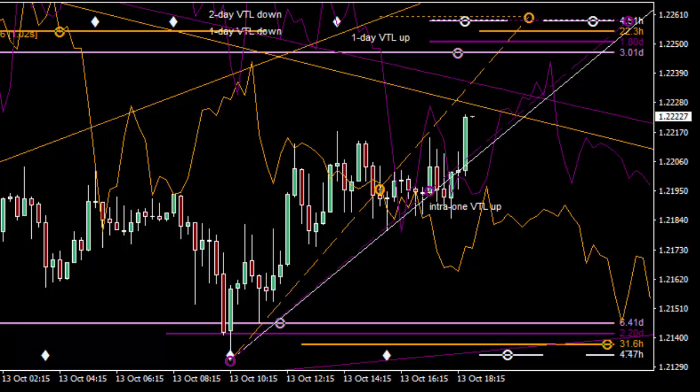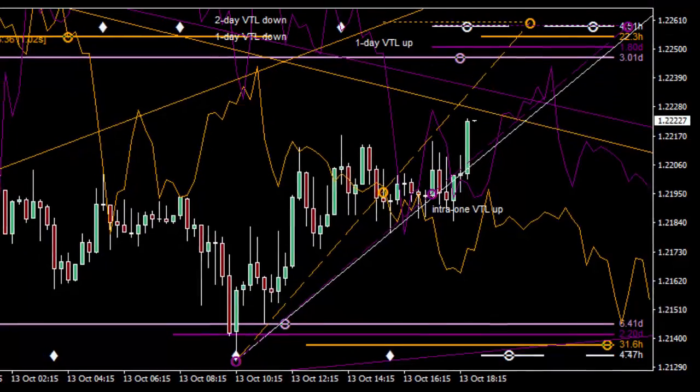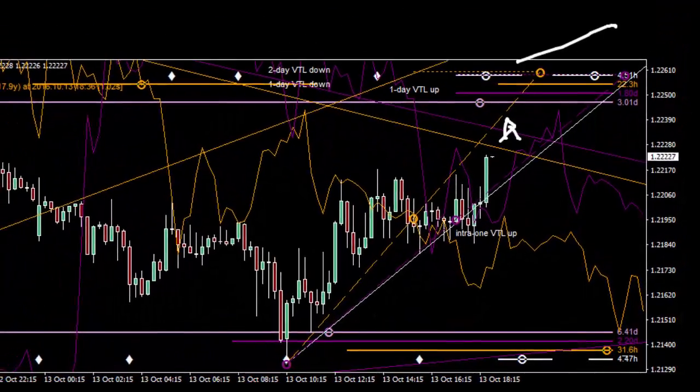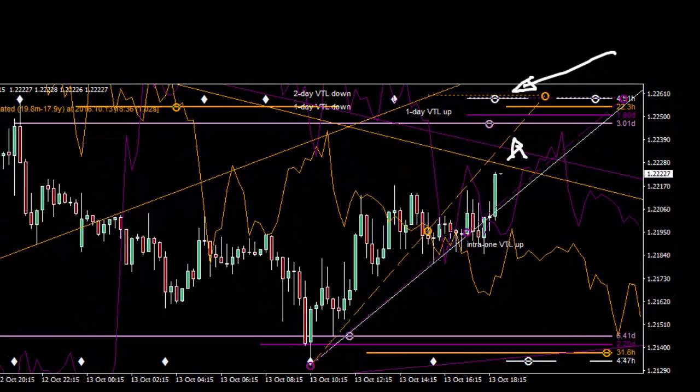Price has managed to cross up above this 1-day FLD. As you can see, here is the dashed line, and here is the dotted line showing us the target. Now, because it turned out to be a very tricky cross, a multiple cross of that FLD, the FLD indicator has adjusted the target, and you can see that the target for the move is now about 122.6, just over 610, 612 perhaps, something like that.